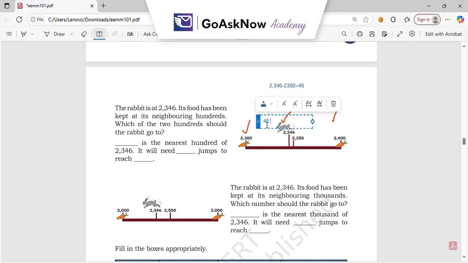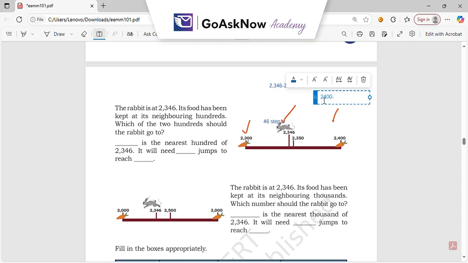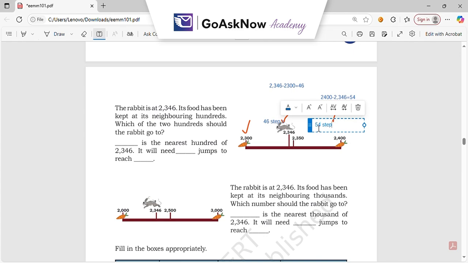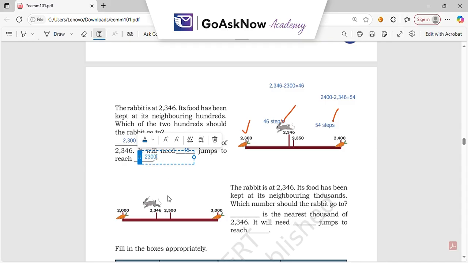Let us calculate: 2,400 minus 2,346 is 54 steps. Then 46 is the smallest one. So 2,300 is the nearest hundred of 2,346. It will need 46 steps to jump to reach 2,300.